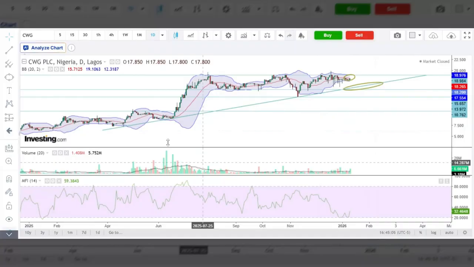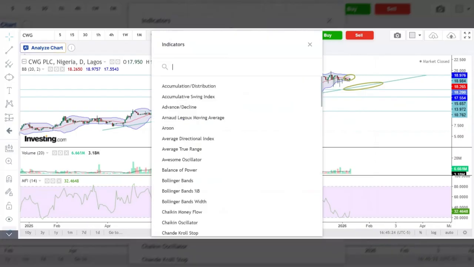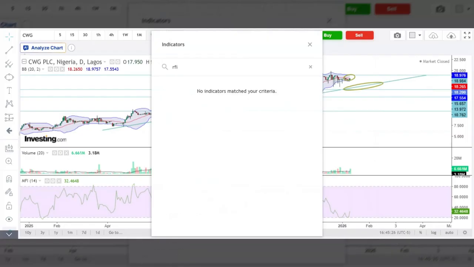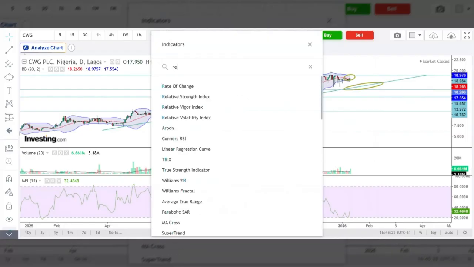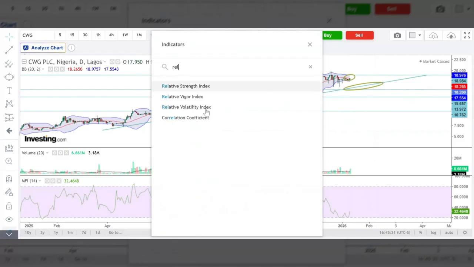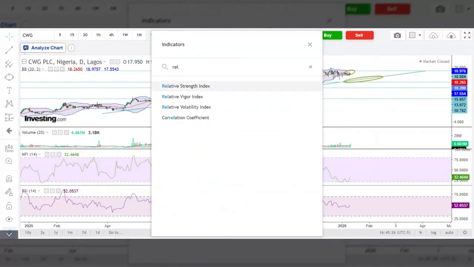Now the final thing I want to do, because we also need to check if the market is in an overbought or oversold region, so we can know how careful we should be when taking our position, is check the RSI, the relative strength index.